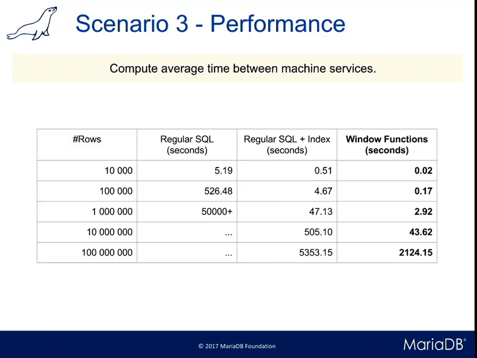With regular SQL, this will not finish at 10 million rows. With an index, it cannot use both columns to index, so only one would be used, which is machine ID. This still takes a long time, and with window functions, this can be done almost instantaneous. At 100 million rows, this takes about 5 minutes.